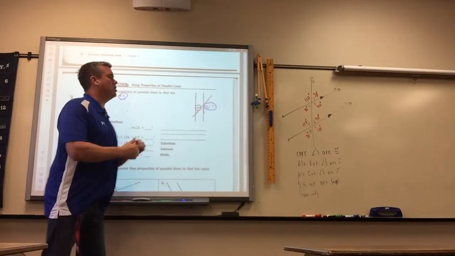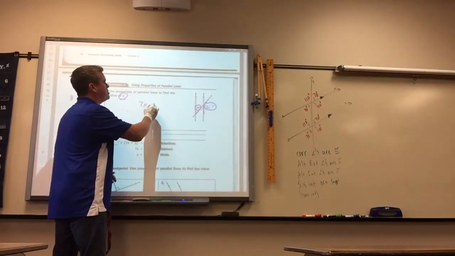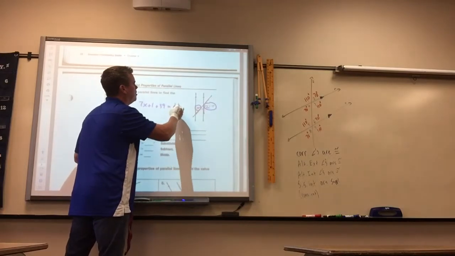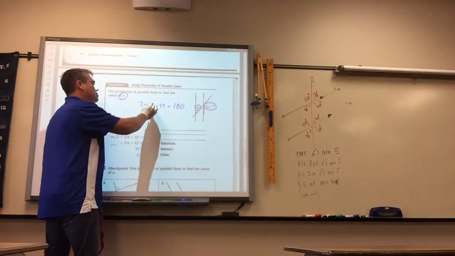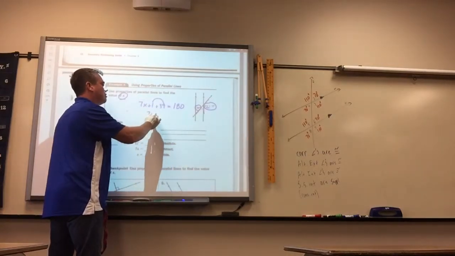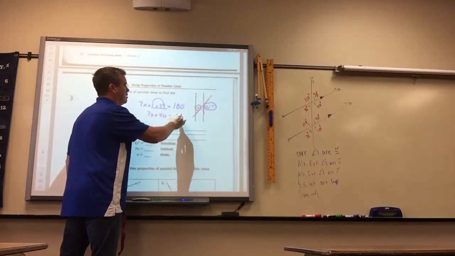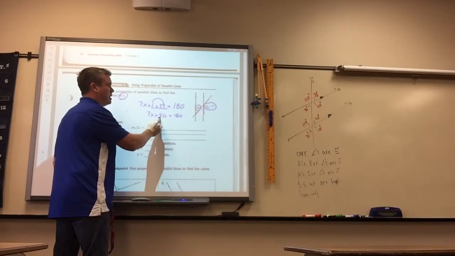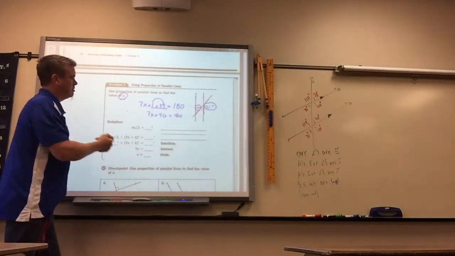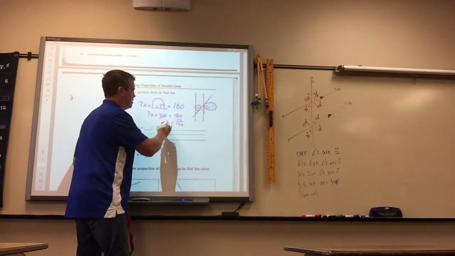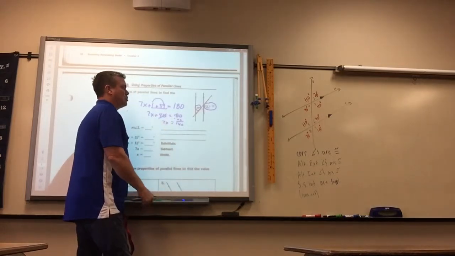Since they're not equal, you know if you add them up, 7x plus 1 plus 39, they have to equal 180. So you solve it, add the 1 and 39, so you just have to subtract 40 and divide by 7. Subtract 40, we get 140. So then when you divide by 7, you get 20.